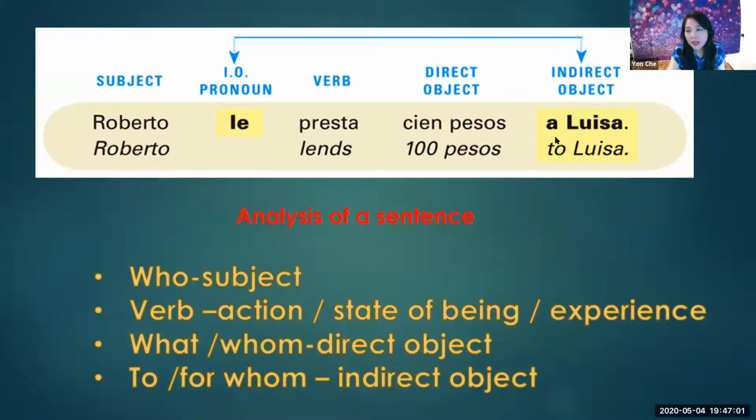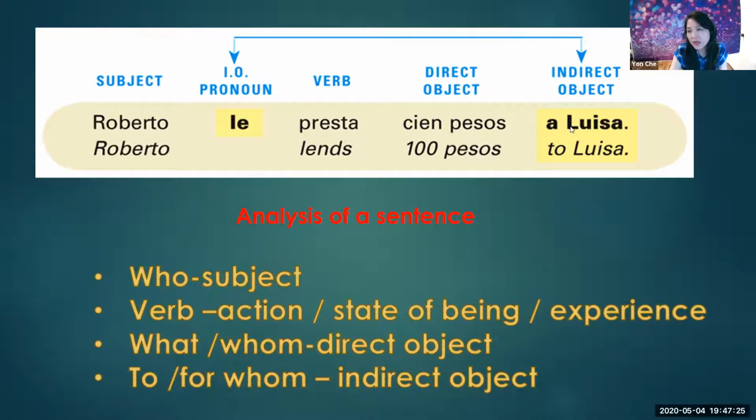Usually, the recipient of the direct object, the person who receives the direct object, is the indirect object noun of the sentence. It answers the question, to whom? To whom is the money being given? To Luisa, right? Therefore, this is the indirect object.